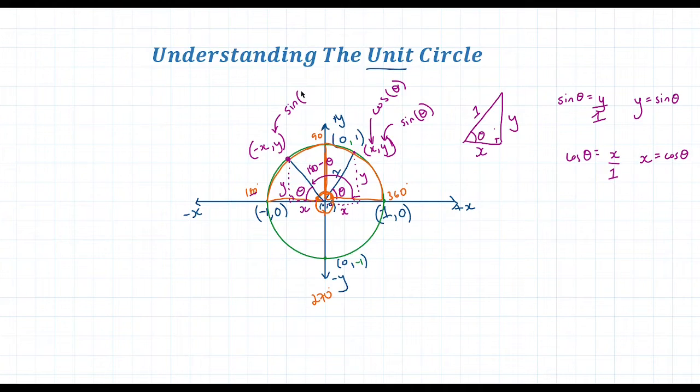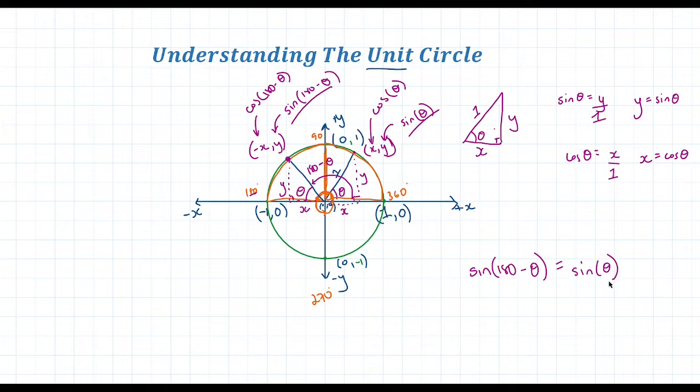So here we can write 180 minus theta. And this here is going to be cos of 180. So we know that sine theta is the same as sine 180 minus theta. So we can say sine 180 minus theta is the same as sine of theta.